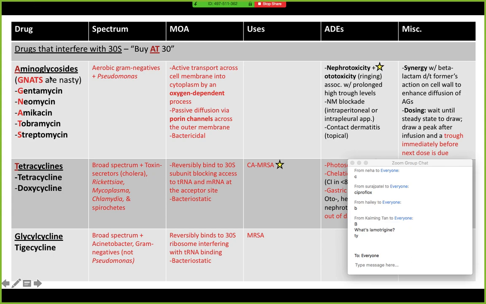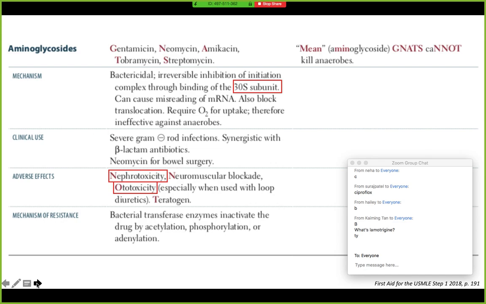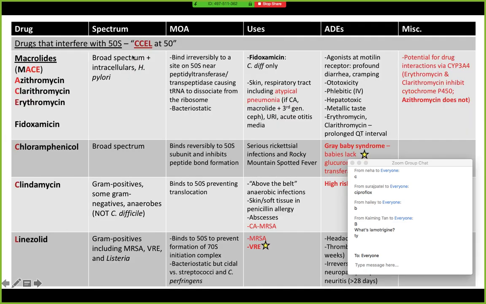So your aminoglycosides and tetracyclines, their mechanism of action involves the 30S ribosomal subunit, and then your macrolides and these last three involve the 50S ribosomal subunit.